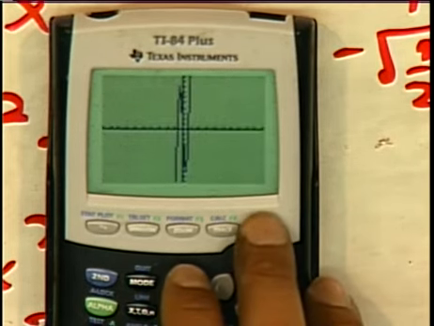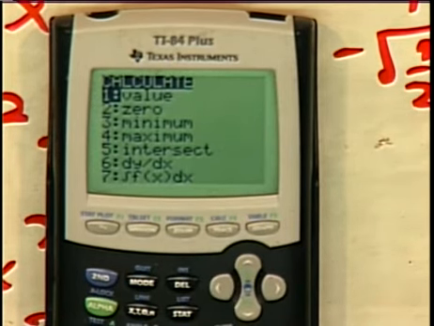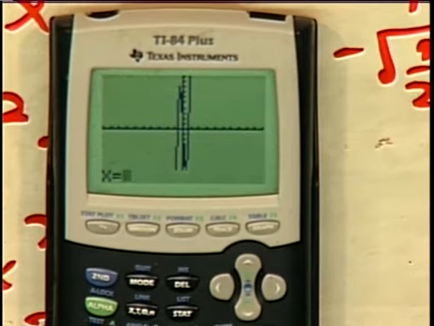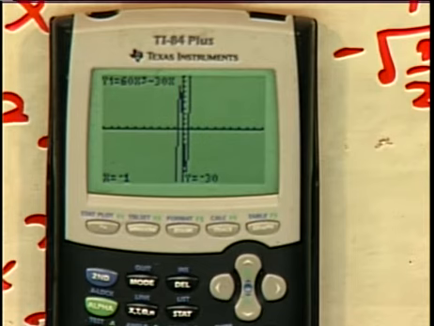Graph it. And then second trace, and value is the first option. Then just type in the x value you want to find. In this case, it's negative 1. And then it gives you negative 30.